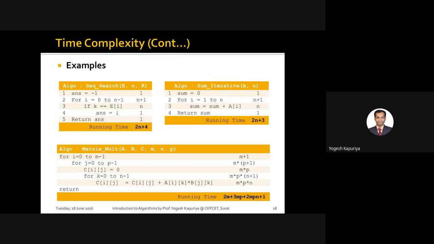Now again, it is not necessary that it is cubic only because it's a for inside a for inside a for. Even a for inside a while, and again a do while, anything which repeats, anything which runs in iterations, will be considered a loop.